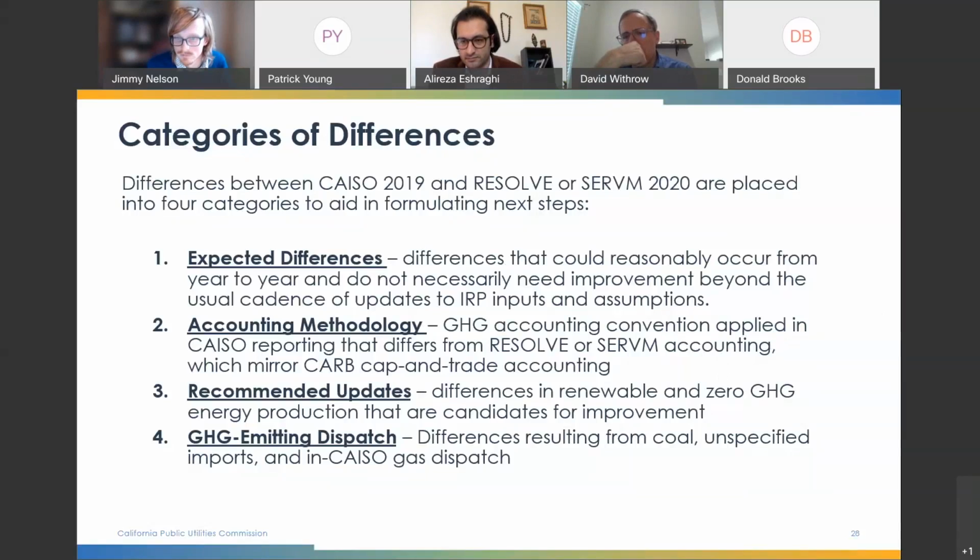Basically, the first one is in the previous session when you put together the comparison of the annual energy from different resources, we do notice that there's a significant difference between the import assumption reported from Resolve and SERVM. For example, for the 46 MMT case, for the unspecified import, the SERVM dispatched number was about 13,000 gigawatt hours lower than the Resolve.